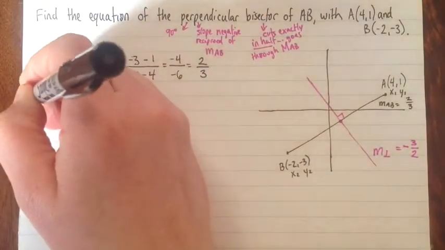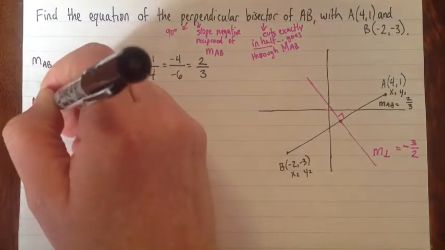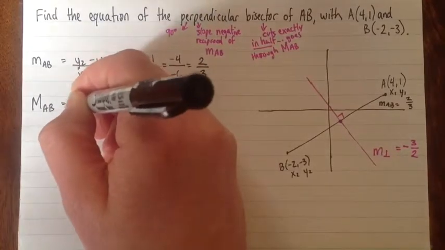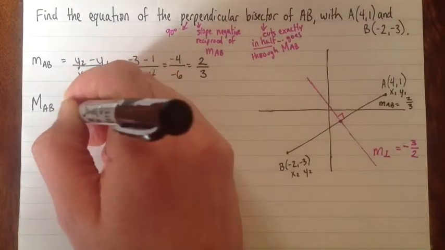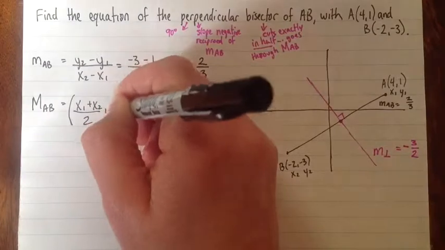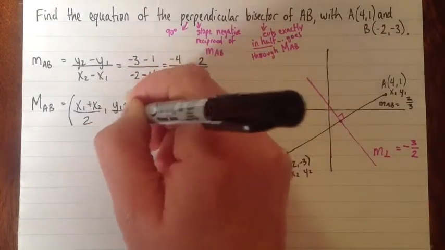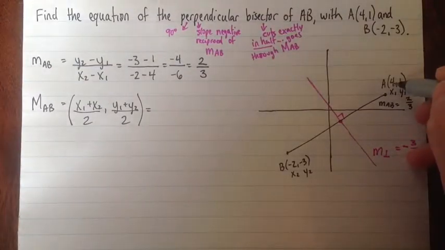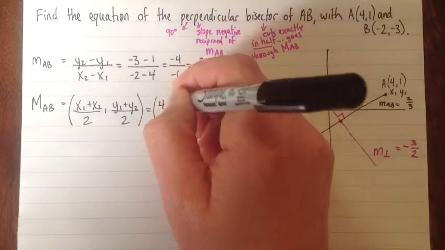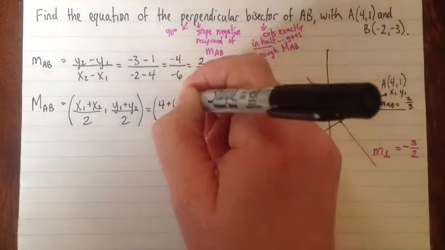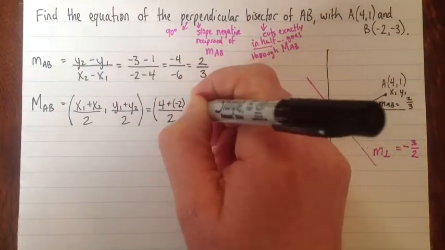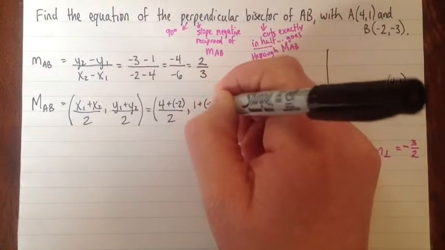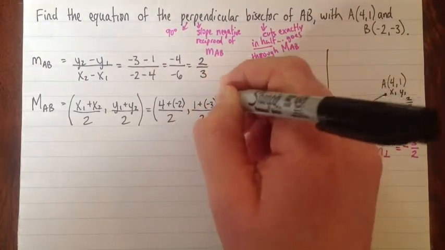So the midpoint, capital M, of AB is the average of the x's, x1 plus x2 over 2, and the average of the y's. So 4 plus negative 2 over 2, comma, and now the average of the y's, 1 plus negative 3 over 2.